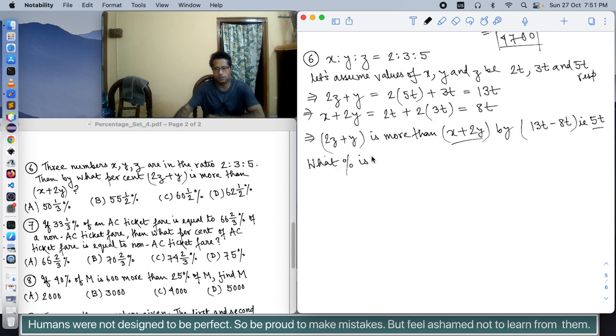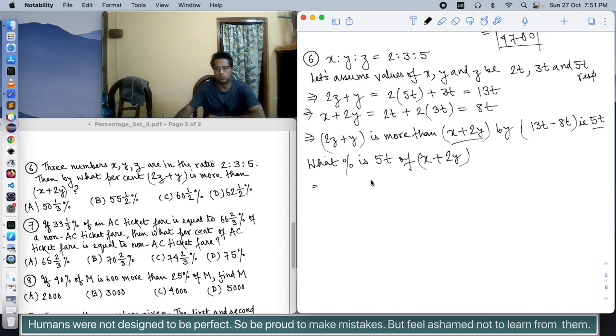Because 5t is the amount by which 2z plus y is more than x plus 2y, we have to find what percentage is 5t of x plus 2y.